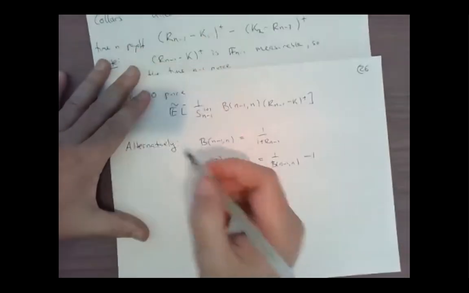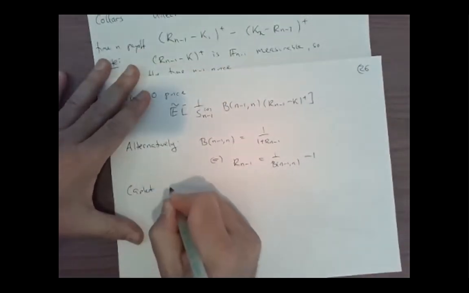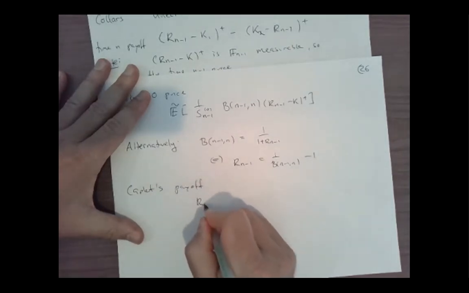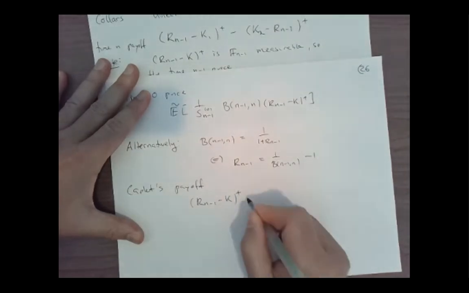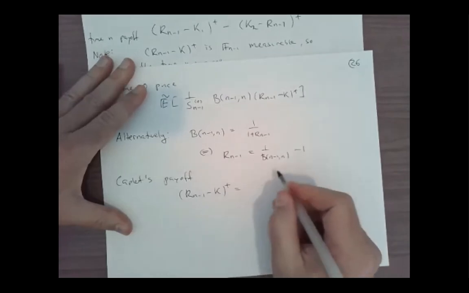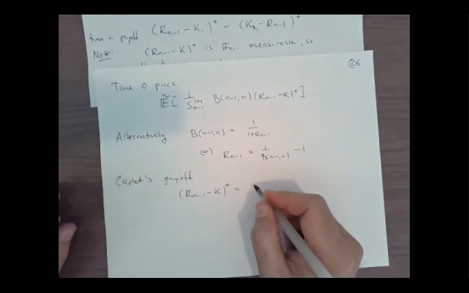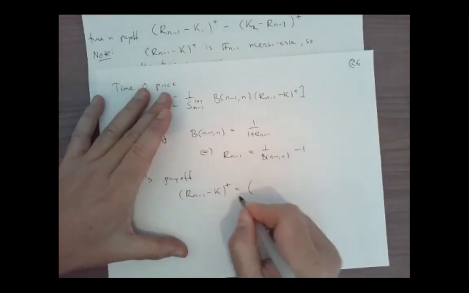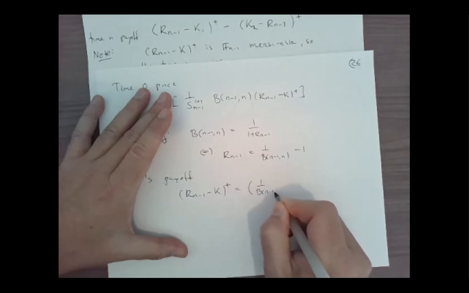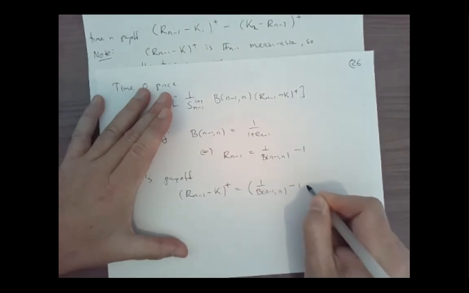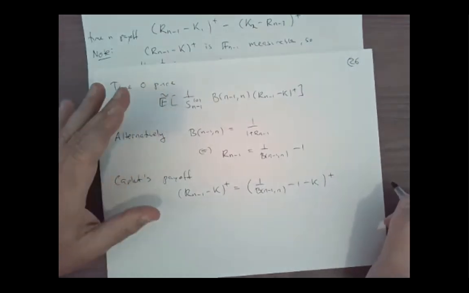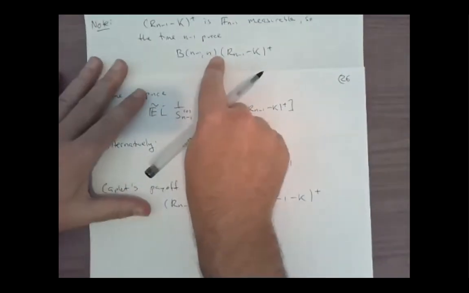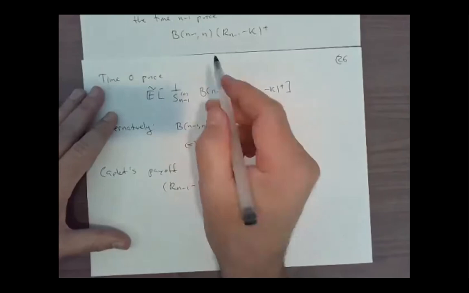If you look at the caplet's payoff, which was r n minus 1 minus k positive part, well, instead of r n minus 1 you can write this as 1 over b n minus 1 n, minus 1, minus k positive part. And then use the first part, multiply through with b here.